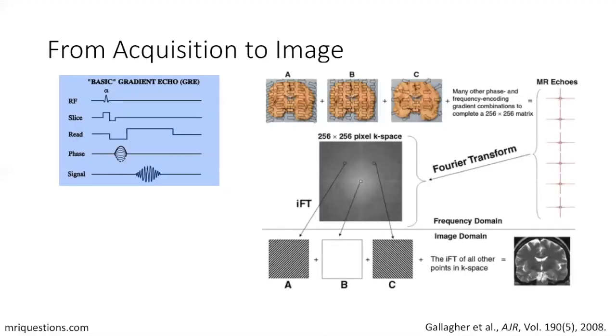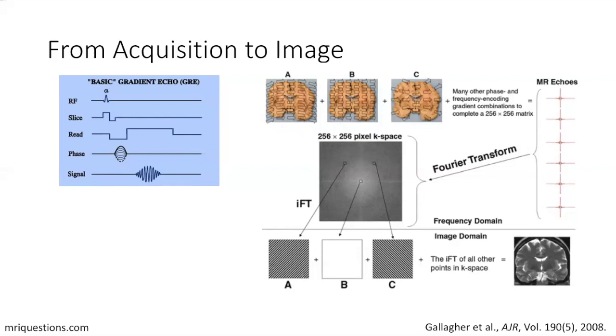So I just want to give a quick view of how we go from acquisition to image. So let's say we're running a basic gradient echo sequence that you see on the left, through several combinations of frequency encoding gradient and phase encoding gradients. We interrogate all the spatial frequencies that are present in our object of interest.